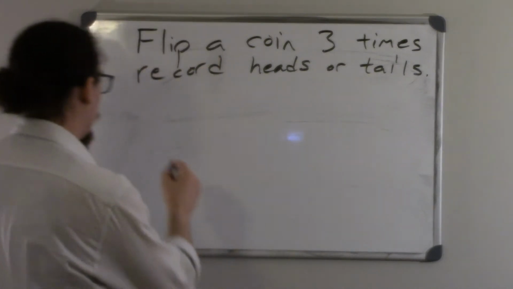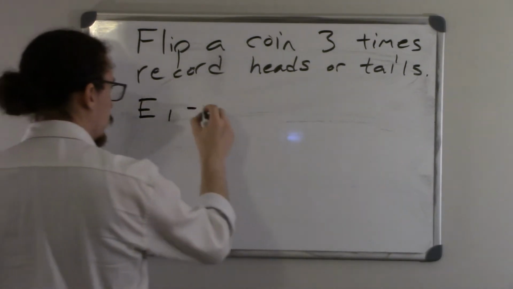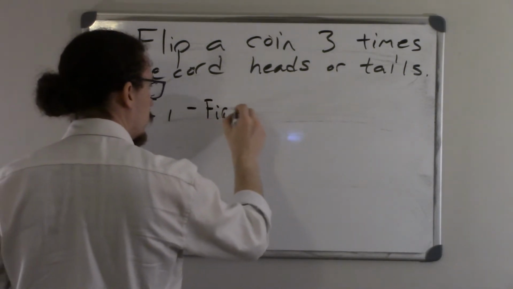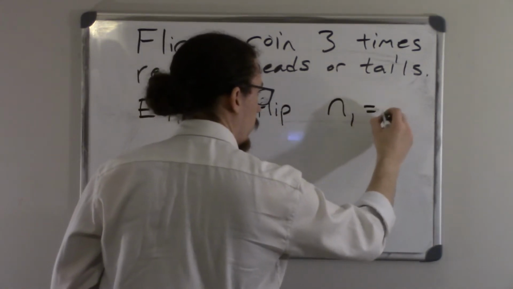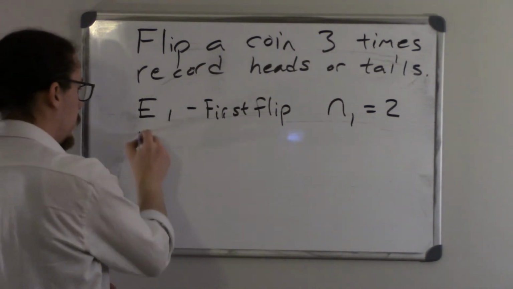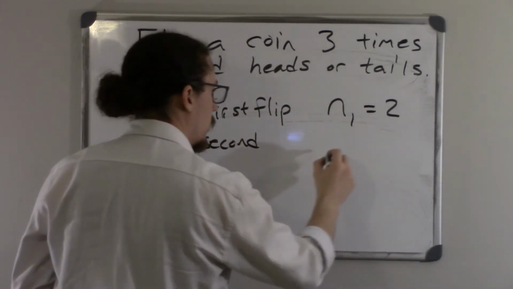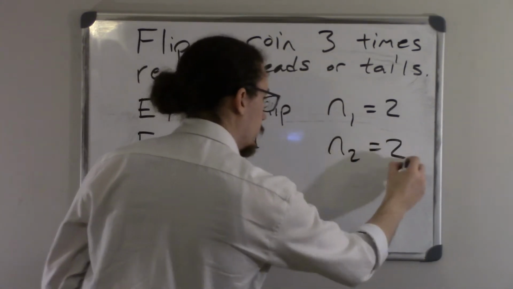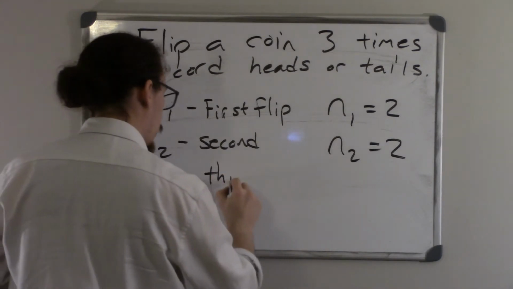We've got E1, which is the first flip, which is going to have 2 outcomes. E2 obviously would be the second flip with, yet again, 2 outcomes, and you can probably guess where this is going.